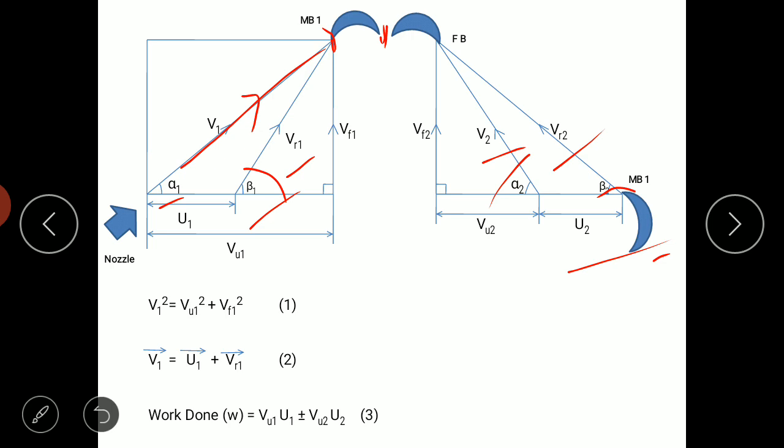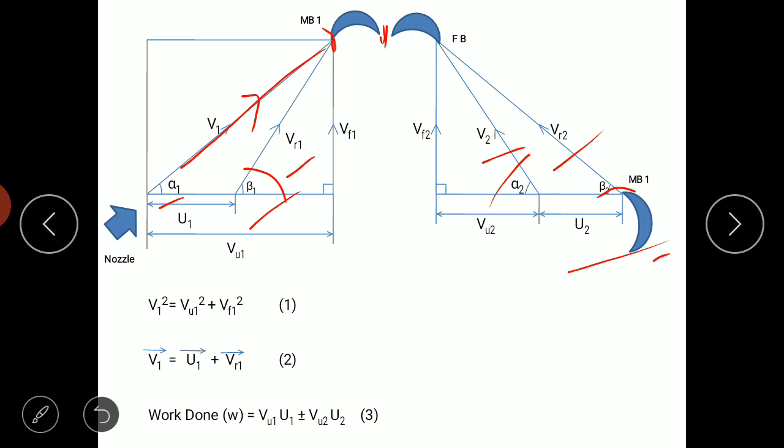And fixed blades are not moving at all. They are used to give proper direction to the water, so that it goes and strikes the moving blade with high velocity. That is the purpose of using fixed blades. It gives the proper direction for the water to strike the next set of moving blades with the required angle, so that we get optimum work output.